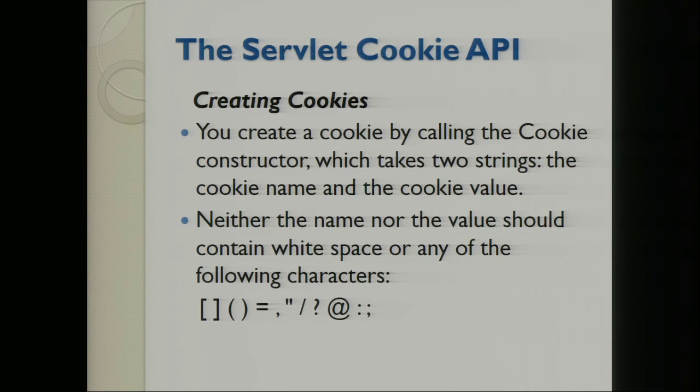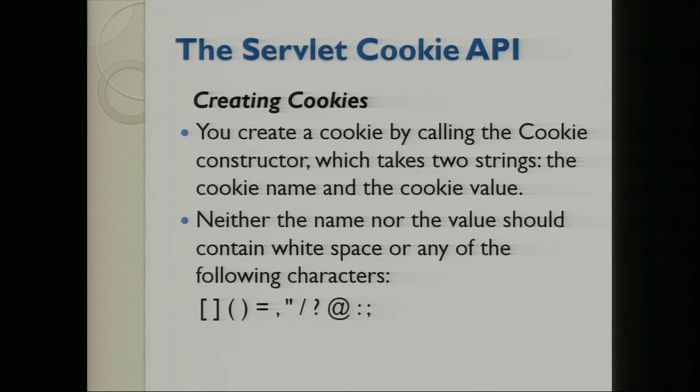First is creation of the cookie, adding it in the response, then accessing the cookie values. The first part is creating a cookie. You create a cookie by calling the Cookie constructor, which we just discussed. It takes two strings, one is the cookie name and one is the cookie value.